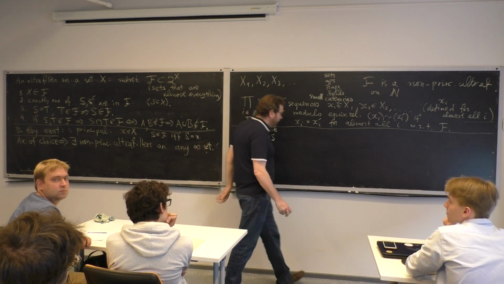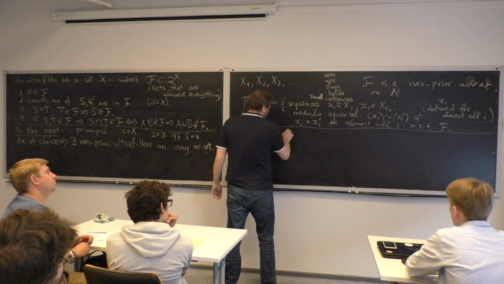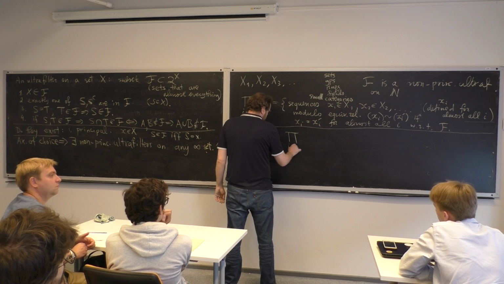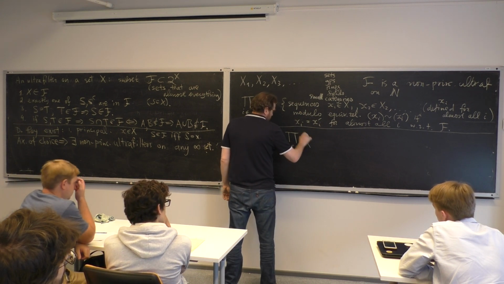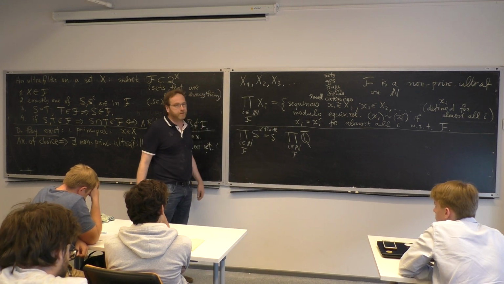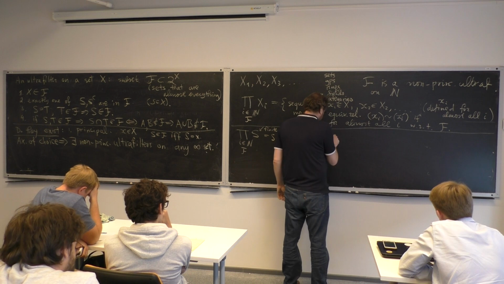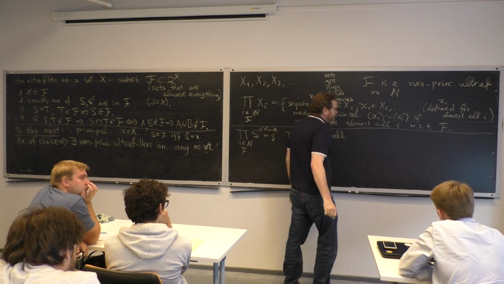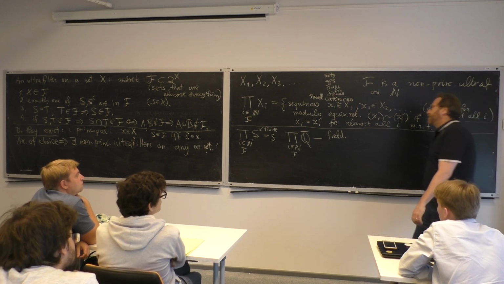In fact, always uncountable. So for example, let's consider a product over i in N with respect to F of, let's say, the field of algebraic numbers. So what are we going to get? We're going to get a field. Why is it a field? Well, suppose you have an element that is not 0.